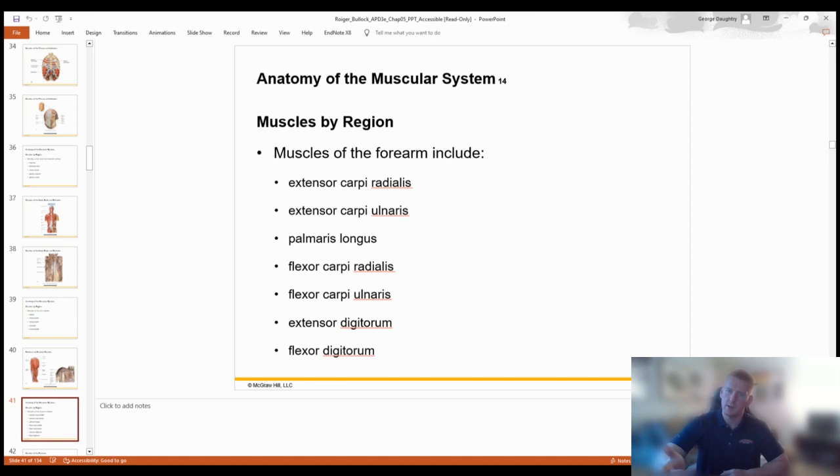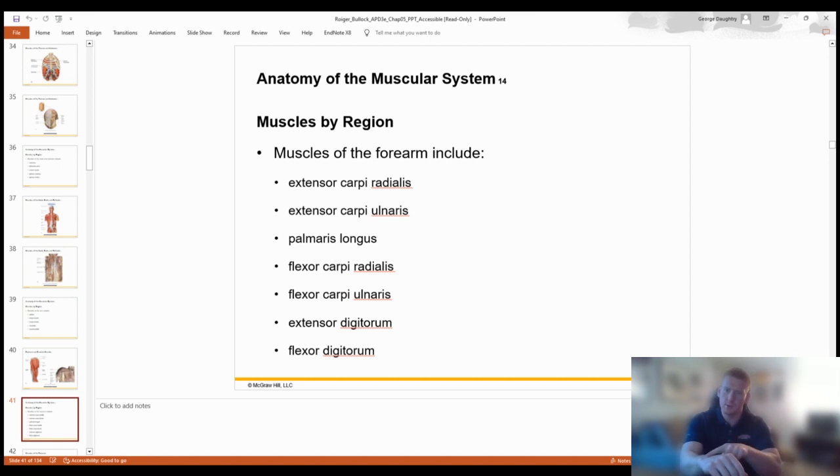Extensor carpi radialis. That is a muscle that extends the carpals at the point of the radialis, or on the side of the radialis. So where's the radialis in relationship to my hand? Radialis is on the thumb side. Ulna is on the pinky side. So all you have to do is piece together the names of the muscle. We have a muscle that's extending the carpals.